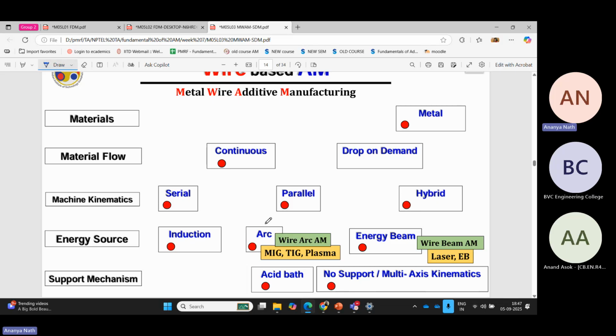So why not deposit the metal 100 times in the X direction and then 100 times in the Y direction, and ultimately you get a 100 by 100 cube. That is additive manufacturing, 3D printing. Using the welding concept, people invented this wire arc AM process. Wire beam AM is where you take a laser beam or electron beam, LB or EB, as the energy source to melt the wire.